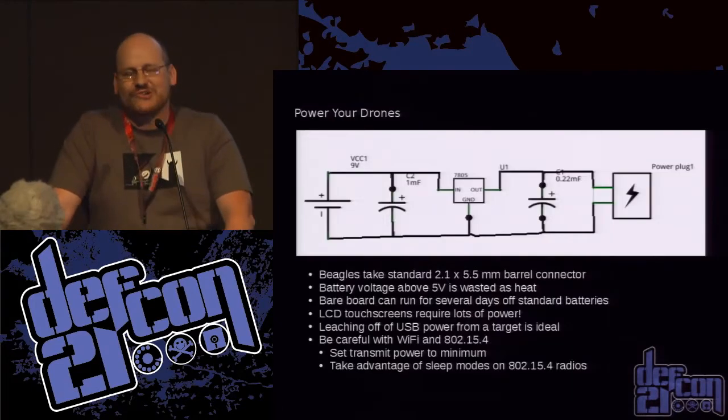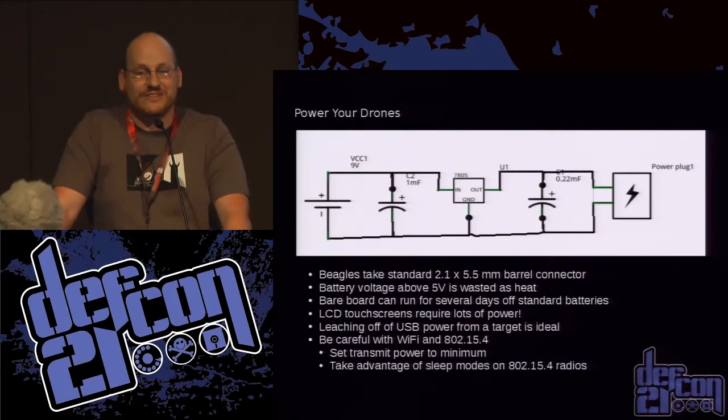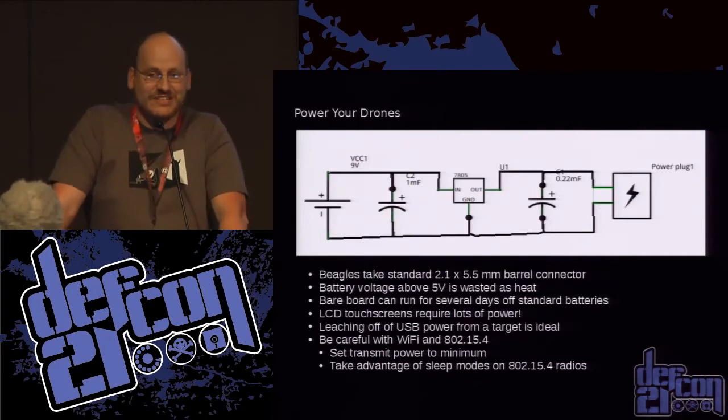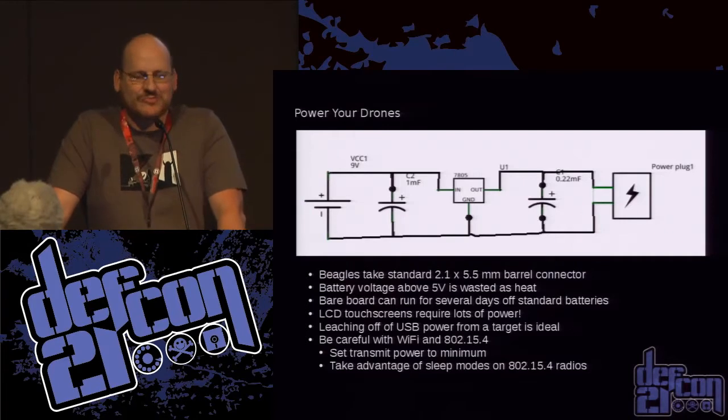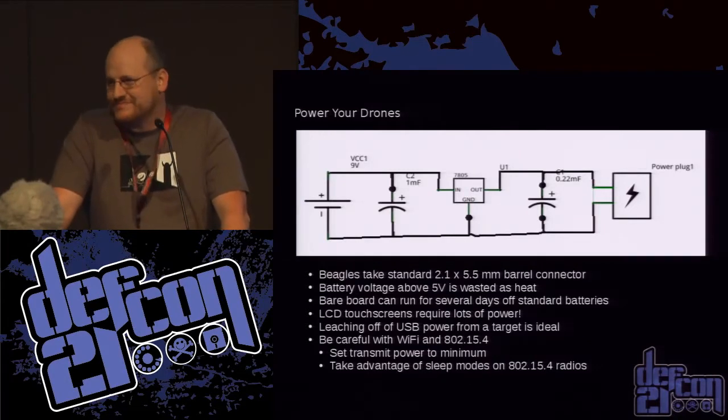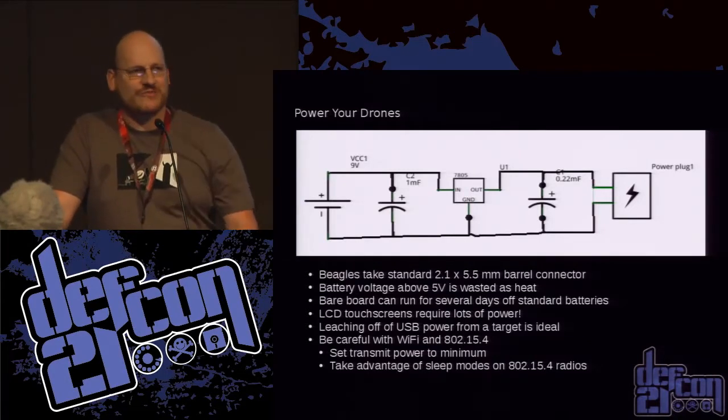So you want to power your drones. I'm not doing anything real fancy here. I'm using a 7805 linear power regulator and a couple of capacitors in order to smooth stuff up, and a battery or two, all right? A word on batteries.